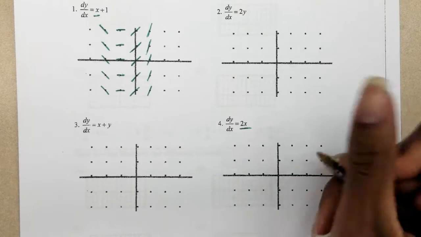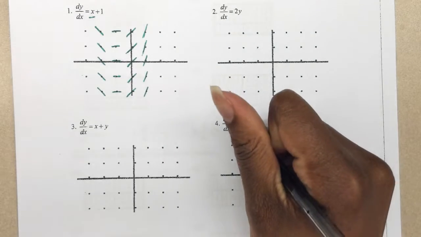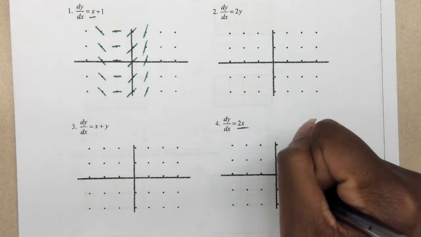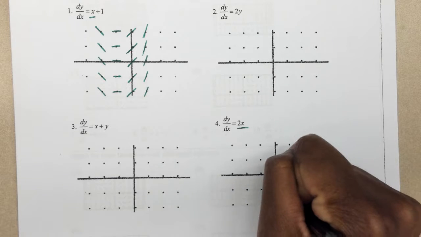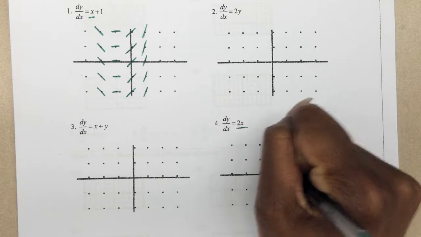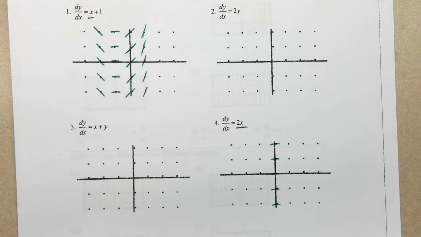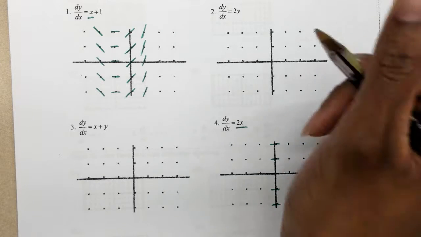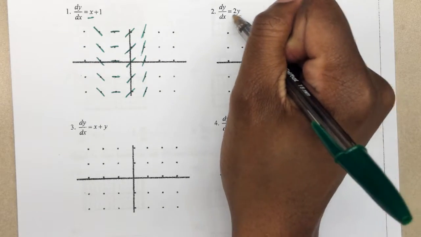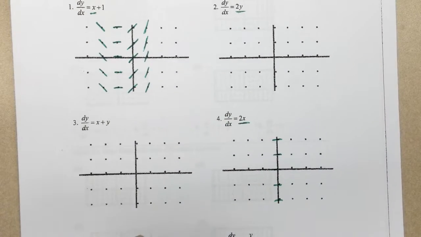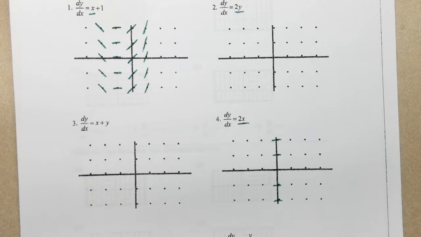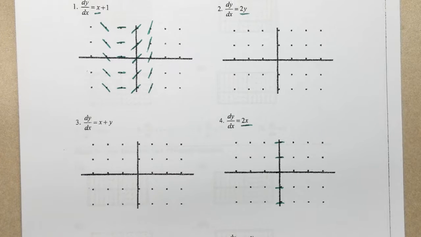Similarly for number 4, when x is 0, our slope is 0. So all along the y-axis, I'll have a slope of 0, and so on and so forth. Now if we look at number 2 and number 5, those differential equations are all in terms of y.